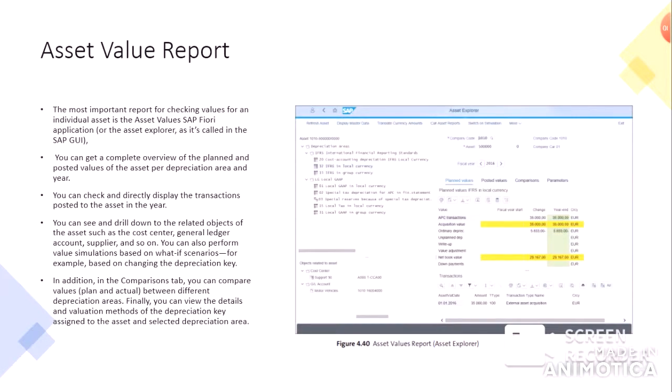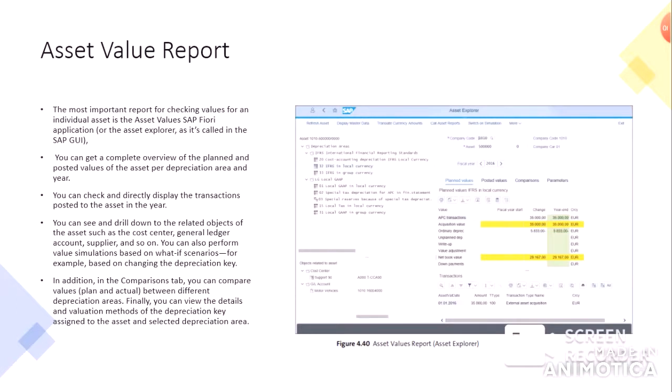Asset value report. The most important report for checking values for an individual asset is the Asset Values SAP Fiori application. It is similar to the Asset Explorer, which we call in SAP GUI. You can get a complete overview of the planned and posted values of the asset per depreciation area and year.